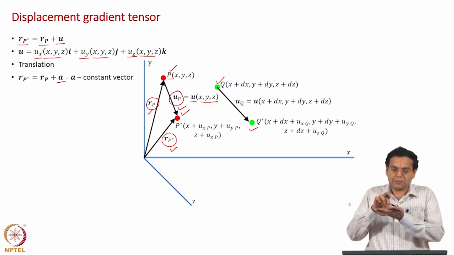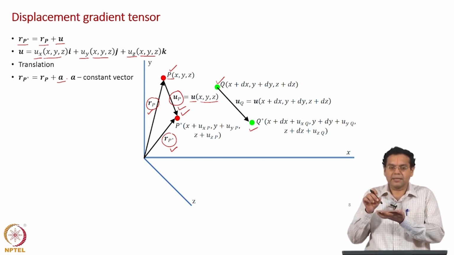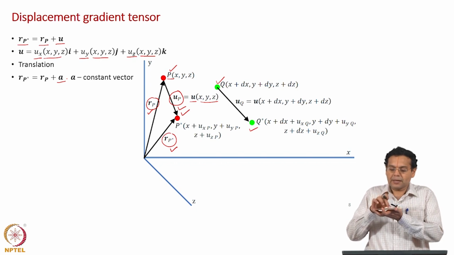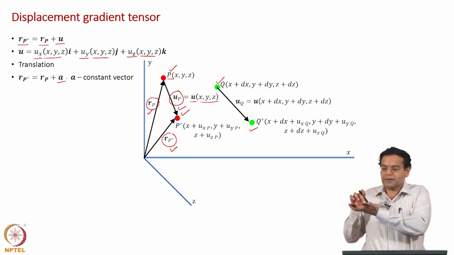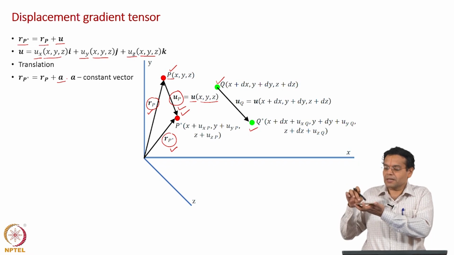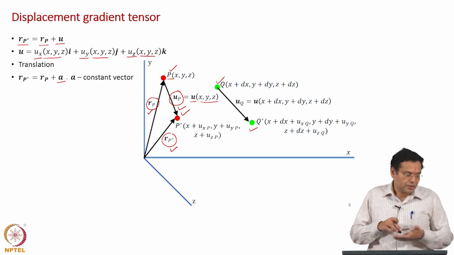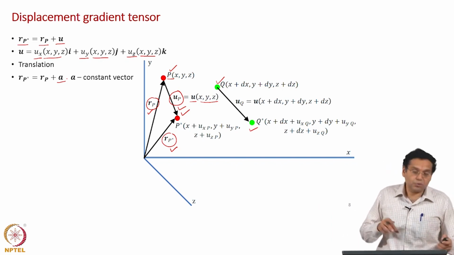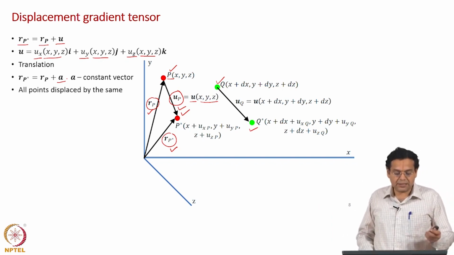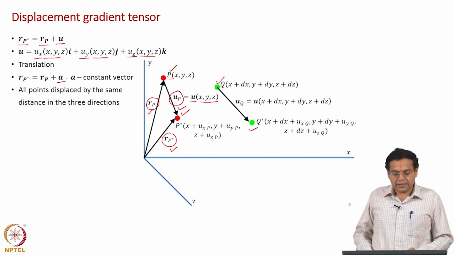Instead of talking about displacement of each point separately, if you talk about difference in displacement, they will just cancel out. Let us say you are at P and then another point slightly away, Q, and the plate moves by 5 centimeter, P also moves 5 centimeter, Q also moves 5 centimeter, difference in displacement is 0. So what is written here is all points displaced by the same distance in the 3 directions.